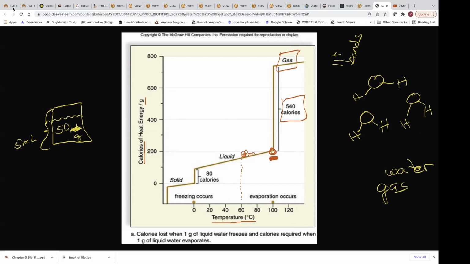Pretty soon, as you add more energy, you see your water start to kind of turn over. Then you start to see it bubble just a little bit. Then it starts popping even more. Then eventually it goes into a rolling bubble. And then you start to see steam come out.